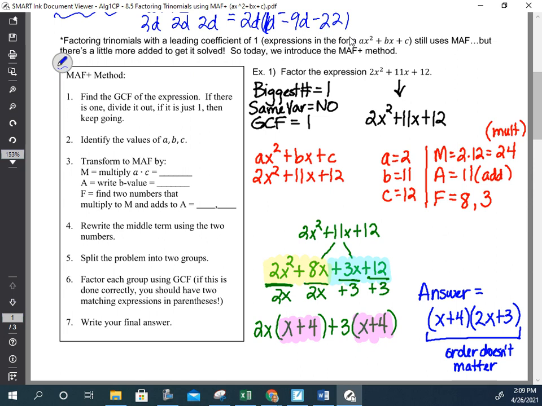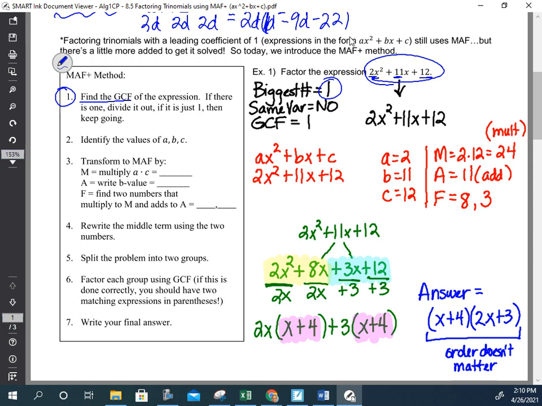So let's start with the problem that we have. 2x squared plus 11x plus 12. The first step is always the same. Find the greatest common factor. If there is one, divide it out. So 2, 11, and 12. The only number that can divide out of all of them is 1.